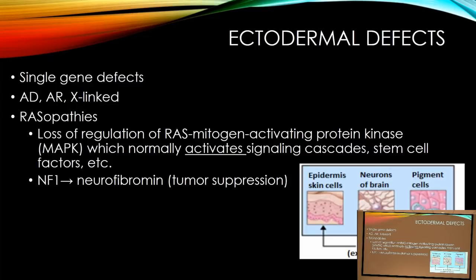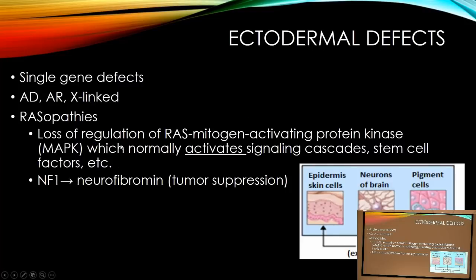Most of these fit under the general category of what's called a RASopathy. And what this means is we have RAS mitogen activating protein kinase, and normally these are involved in activating signaling cascades and stem cell factors. And so the common mechanism for most of these, and the genes for a lot of these neurocutaneous syndromes, are called tumor suppressing genes, because the protein product normally quiets down this RAS MAPK.